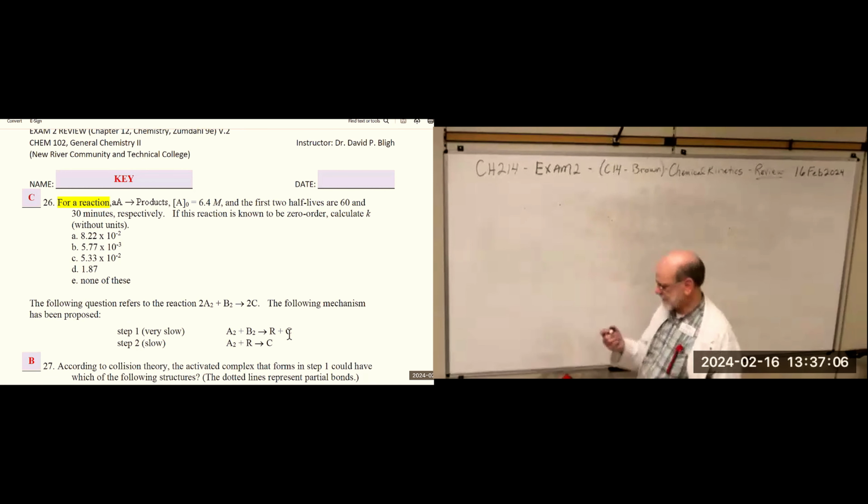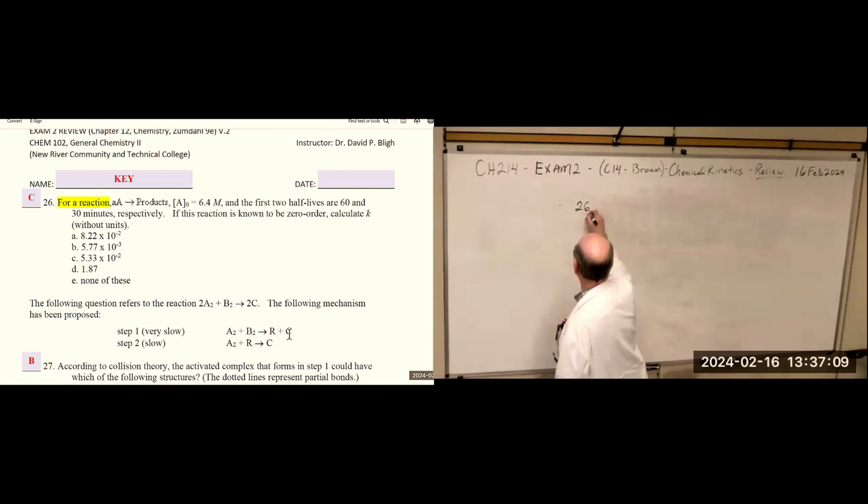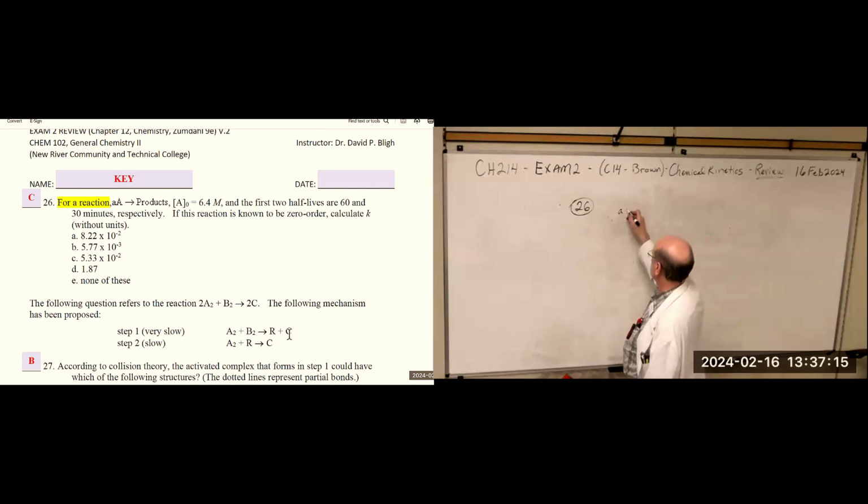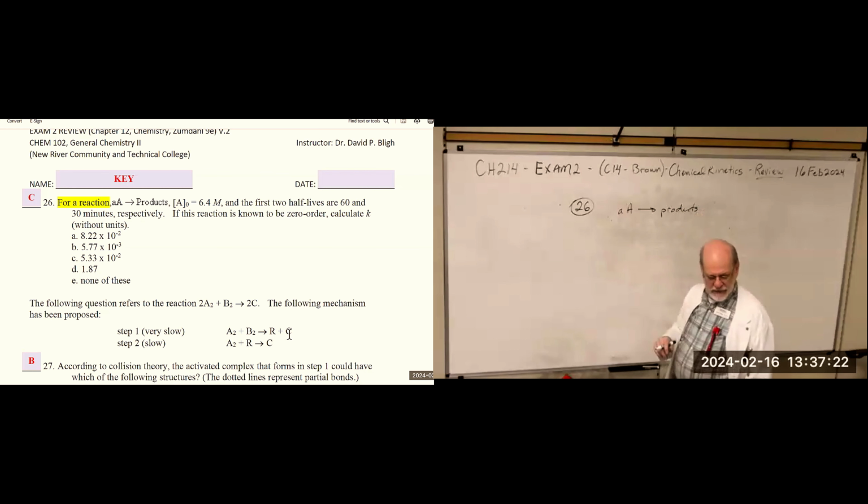26. For a reaction where we have A yields products, and it doesn't matter what the products are actually, A0 is 6.4 molar.